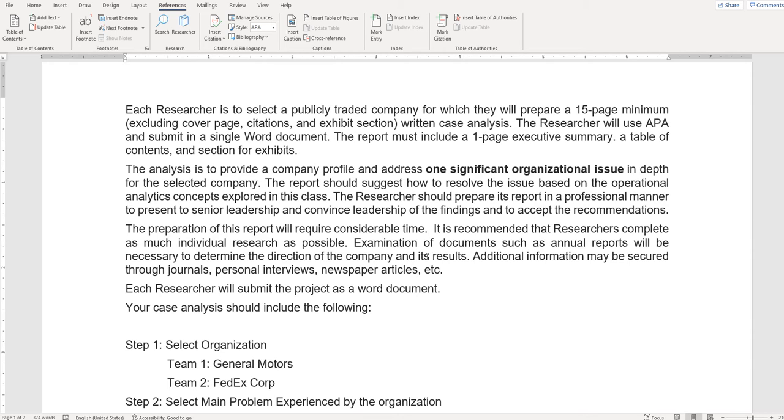The first step in this report is selecting a company and creating a company profile for it. What are the important points that we write while we introduce a company? Usually we speak about what the company is, which industry it belongs to, what kind of products and services it offers, and how the organization is performing over a period of time.